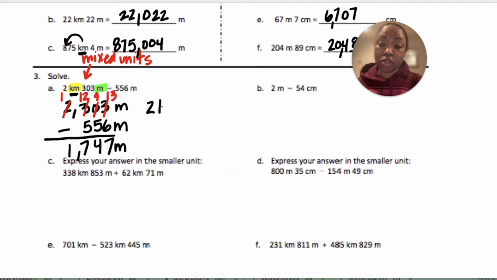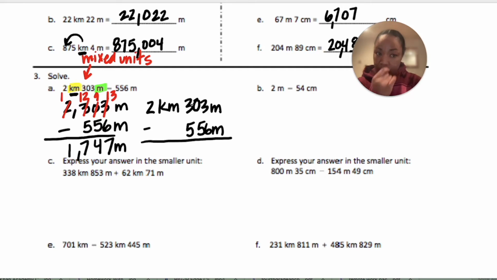I could have also done it in mixed units, right? So this first one is already in mixed units. So pretty much all I'm doing is lining up the kilometers with the kilometers and the meters with the meters. If you notice, I don't have enough to take away from 300.